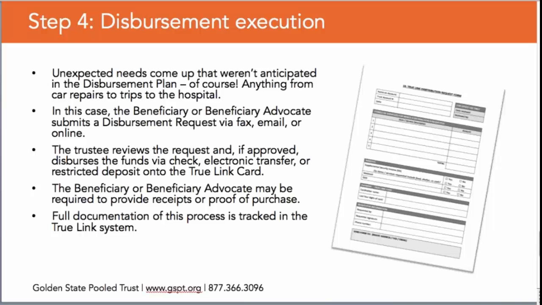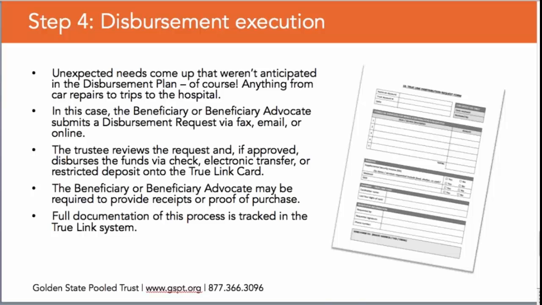And the trustee and his or her team, so his team in the case of Steve here, reviews the request, and if it's approved, disperses the funds via a check, electronic transfer, or a restricted deposit onto the TrueLink card. And if it's an emergency, those funds can be expedited onto the TrueLink card immediately, and so that's where that can be helpful.